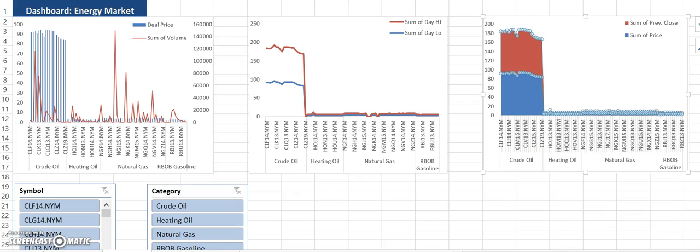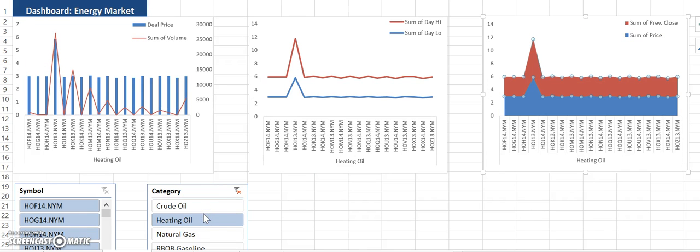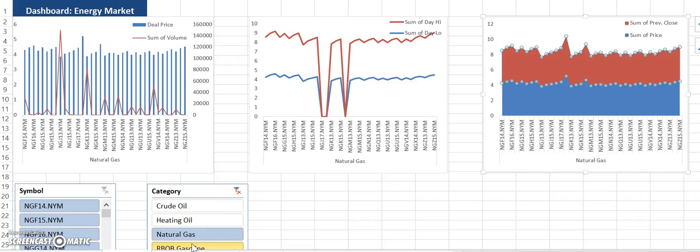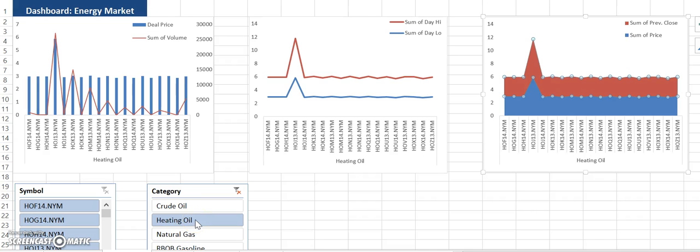When we finish analyzing the individual charts, I would like to analyze my data with category slicers. See this one, this one, this one, and this one. I find out that I really want to invest in heating oil, this one, because the deal price is the cheapest.